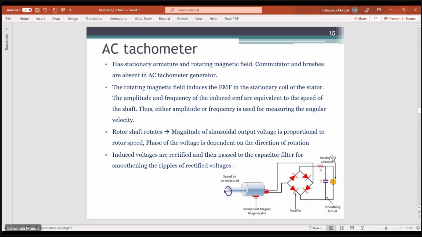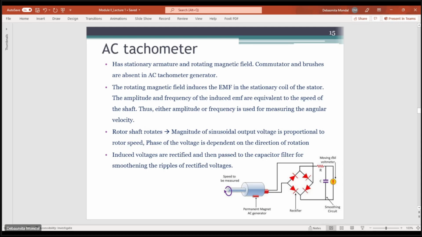So as the rotor shaft rotates, as we have said, the magnitude is directly proportional to the speed of rotation. Here also you are getting an alternating signal, but here we don't have the commutator and brush mechanism to convert the AC signal to a DC signal. So in case of an AC tachometer, we have a bridge rectifier, a diode rectifier circuit.